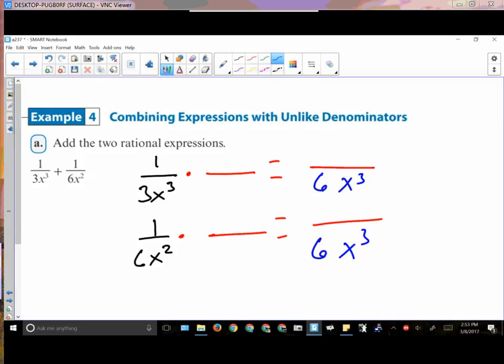Now, this is where the fill in the blank stuff comes in. 6 times what is equal to 6? x times what equals x cubed? x squared times what equals x cubed? Yeah, another x. What you write here goes up here.